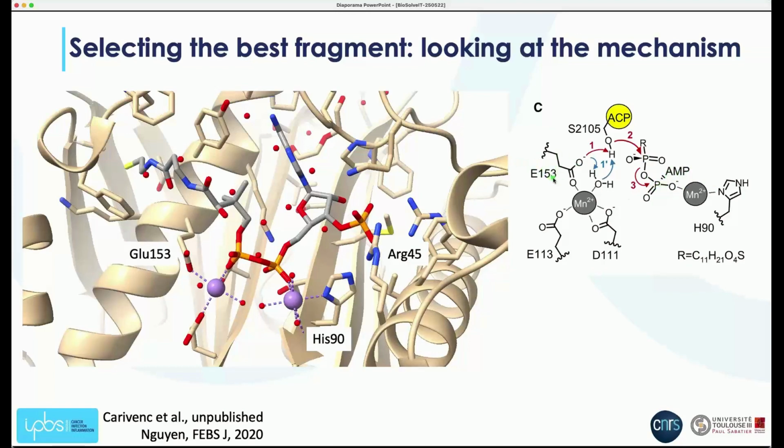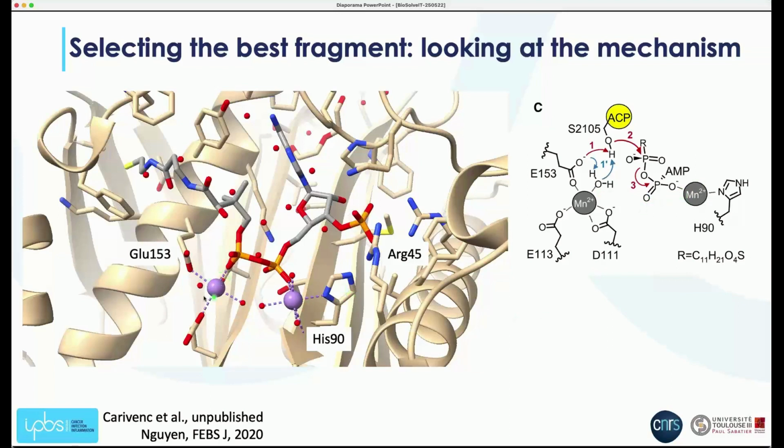So this glutamic 153 is represented here in the structure. You can see that it's in close interaction with divalent cations, magnesium or manganese. And you can also see from this mechanism that the position of these manganese ions and their interaction with the protein are likely to be quite important for the mechanism of the reaction.